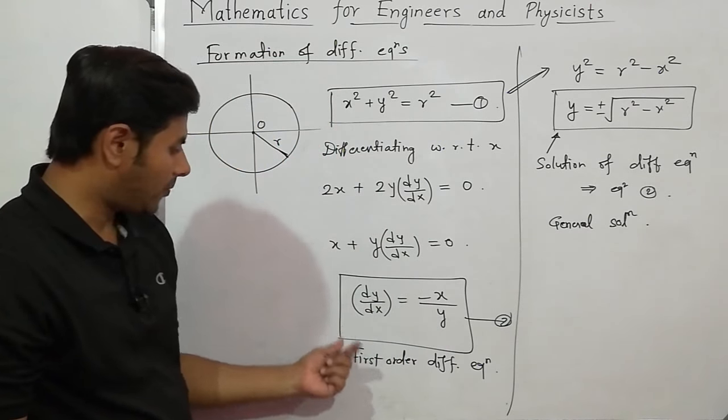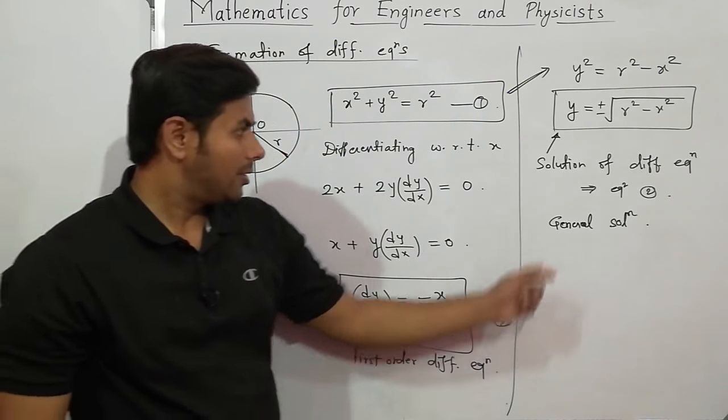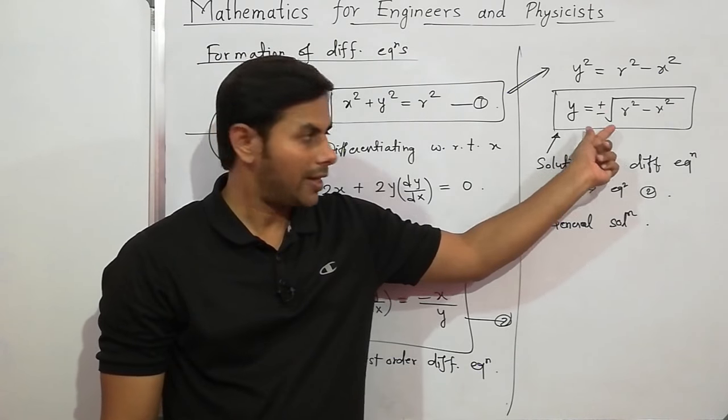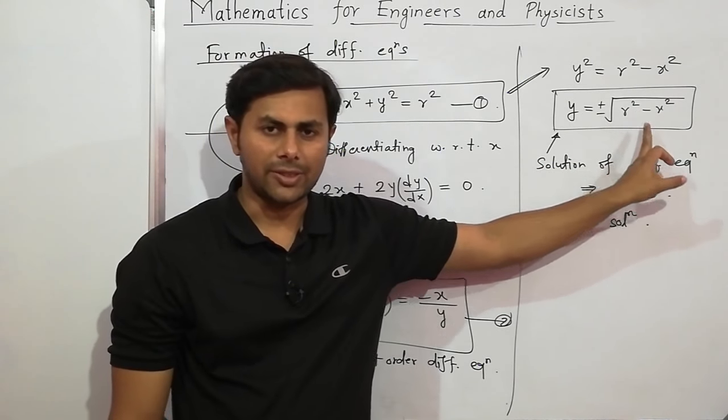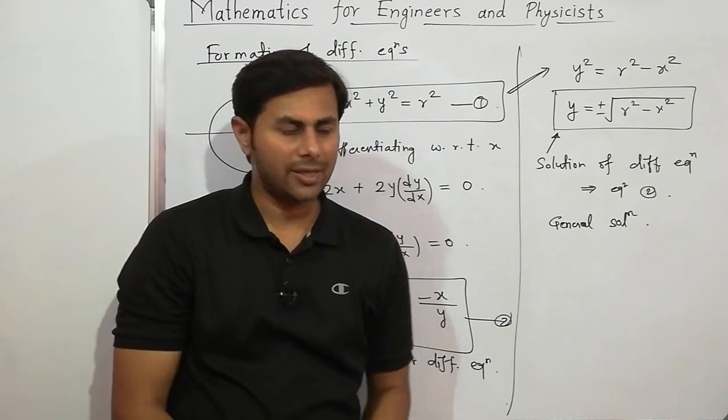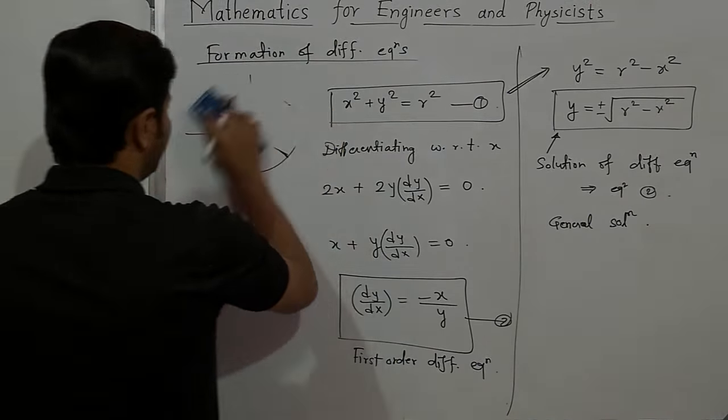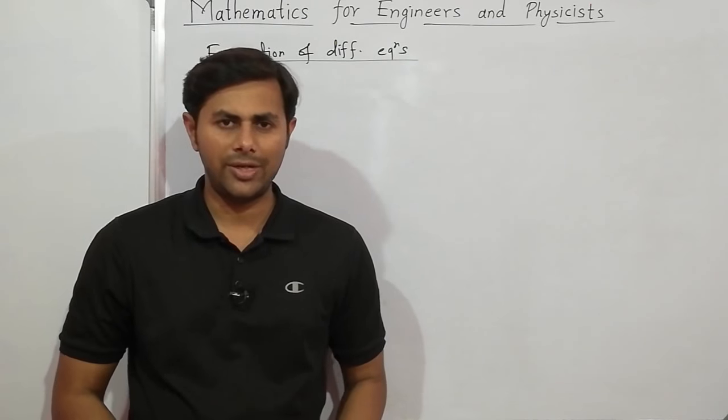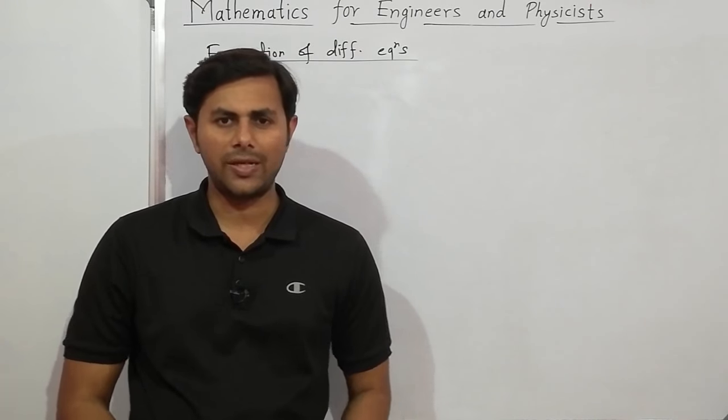Okay, so for first order differential equation, its general solution will have one arbitrary constant. Now let's take another example. Now let us see final example for the lecture.